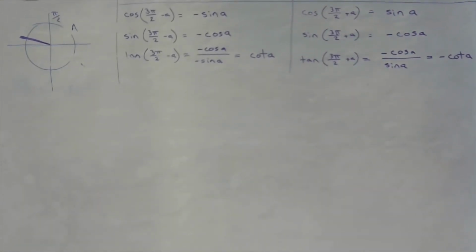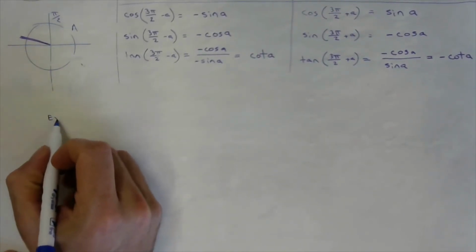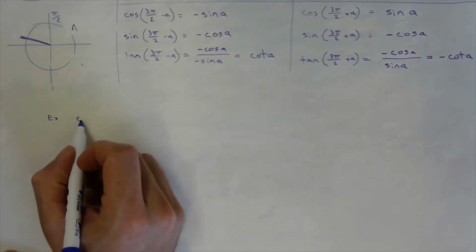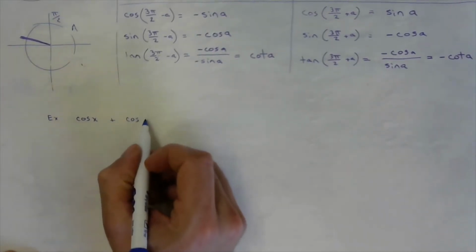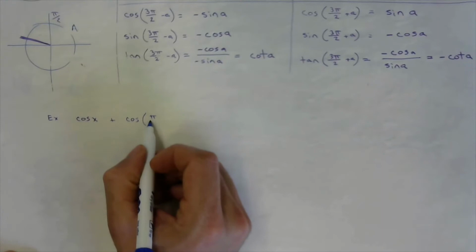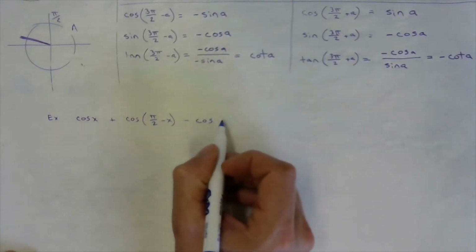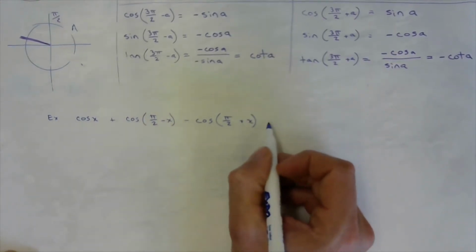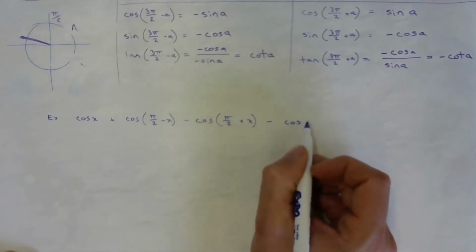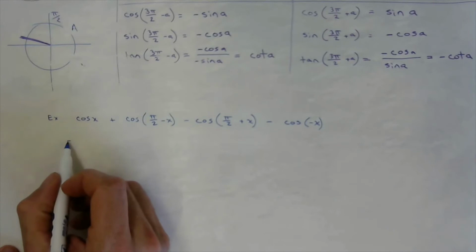So let's go to example 1 here. Example 1 gives us cosine of x plus the cosine of pi over 2 minus x, minus the cosine of pi over 2 plus x, minus the cosine of negative x. Now we take all of these things that we know in order to reduce and simplify this.